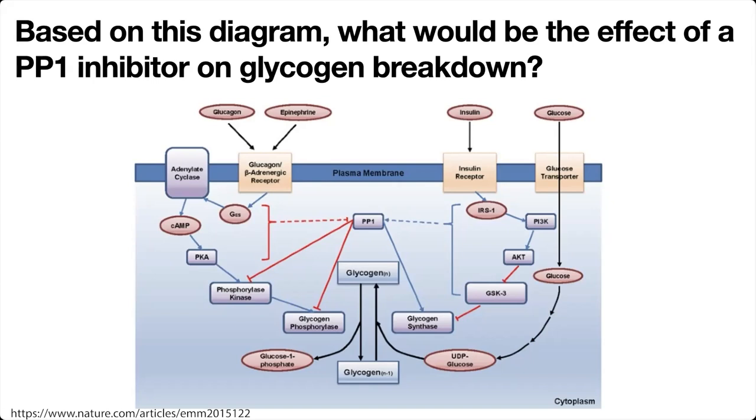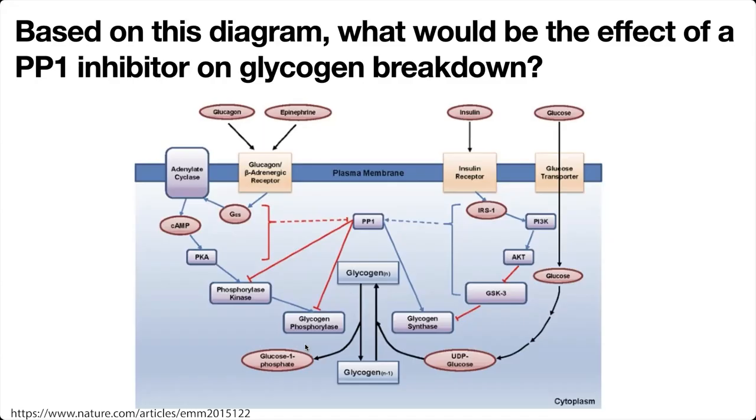But the question is asking us about breakdown. The breakdown was controlled by glycogen phosphorylase. PP1 was going to be inhibiting the glycogen phosphorylase. If we uninhibit the glycogen phosphorylase, we're going to be increasing the breakdown of the glycogen. We're increasing the glycogenolysis so we can release more glucose or glucose 1-phosphate.